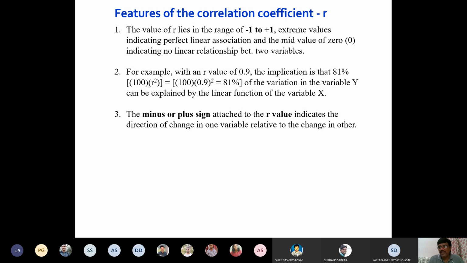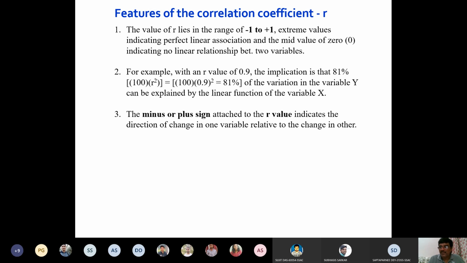Middle values which are close to 0 represent lower values of the correlation coefficient. Higher the values, higher is the correlation coefficient. The plus or minus sign is only for direction of change. It is just the kind of relationship you have, whether positive or negative. Don't take the exact meaning of this minus sign. Take it as a positive or negative correlation only.